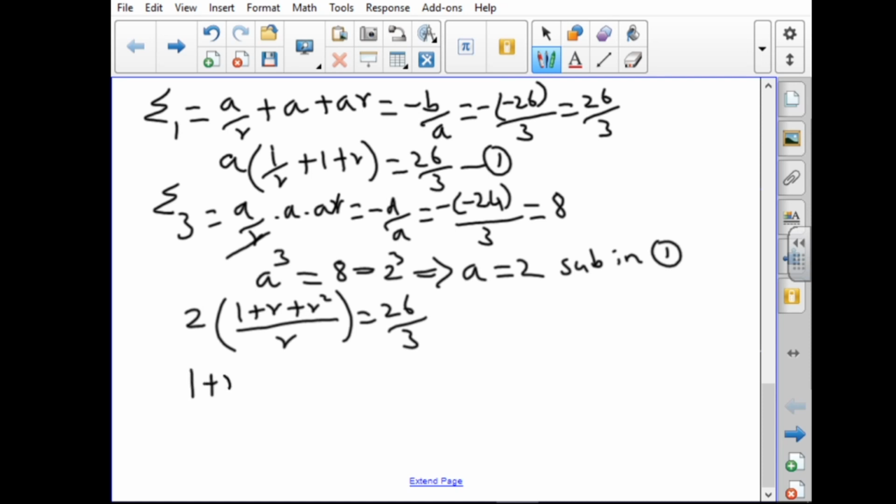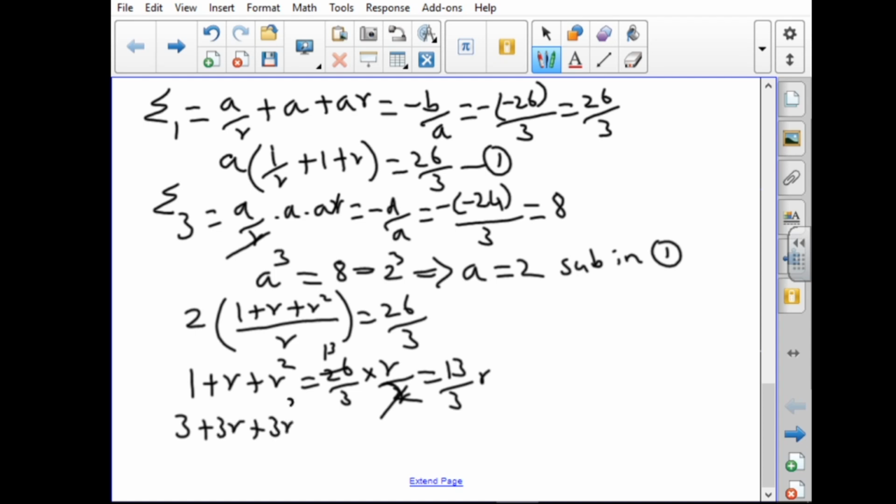So, we get 1 plus R square is equal to 26 by 3 into R by 2. 2 gets cancelled, 2 goes into 26 thirteen times, so it is equal to 13 by 3 R. Now, cross multiplying, we get 3 plus 3R plus 3R square is equal to 13R.